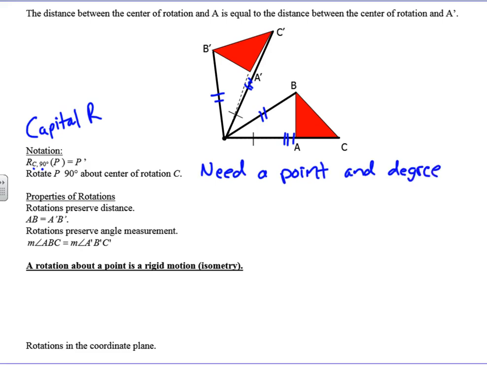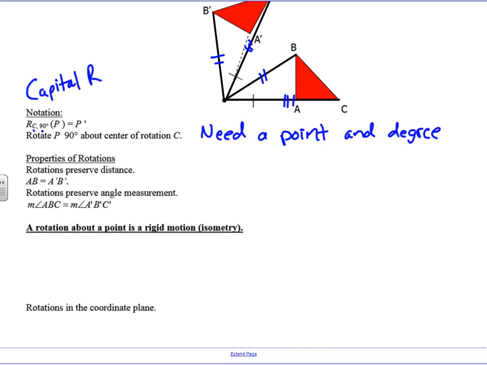So rotations preserve distance, rotations preserve angle measure, and therefore a rotation is a rigid motion. All right, just as a reminder, rigid motions: number one, they preserve distance.